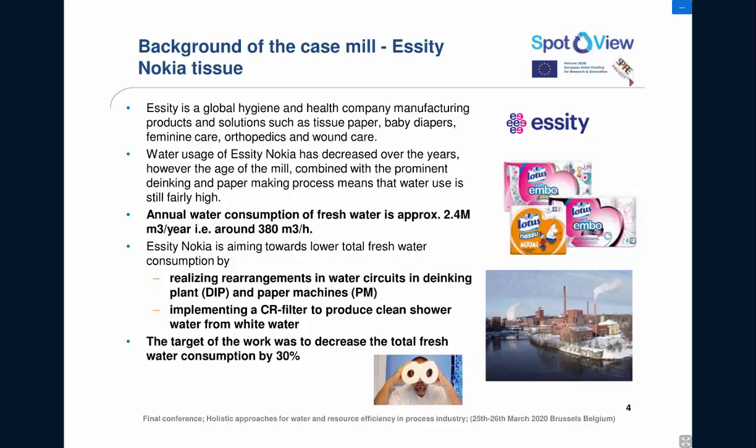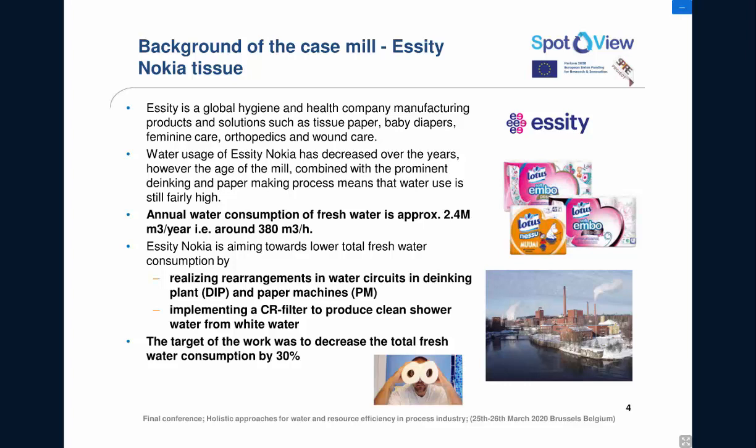The Essity mill in Nokia uses approximately 2.4 million cubic meters of fresh water per year. Calculated in running hours, it's about 380 cubic meters per hour.